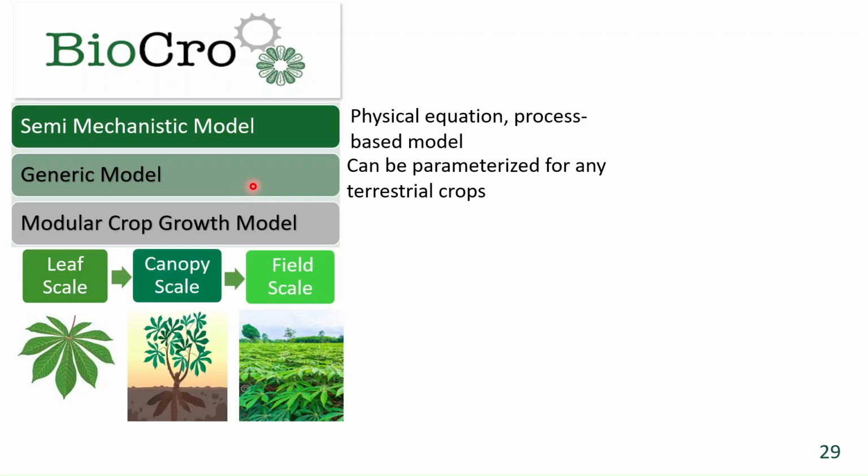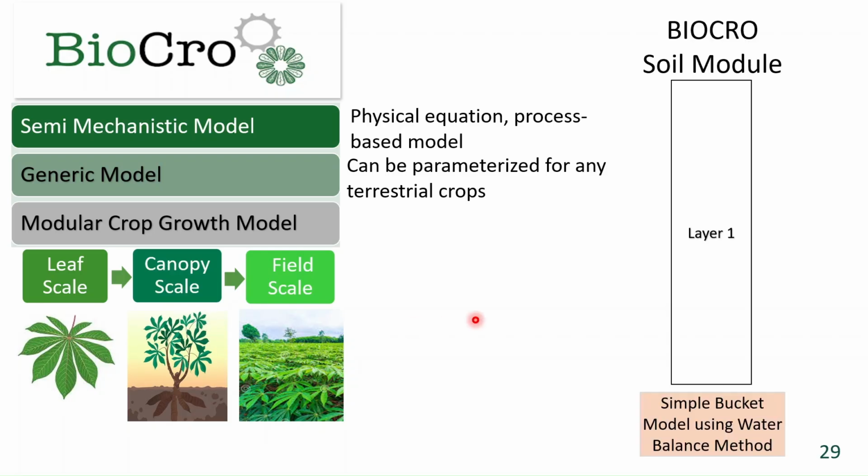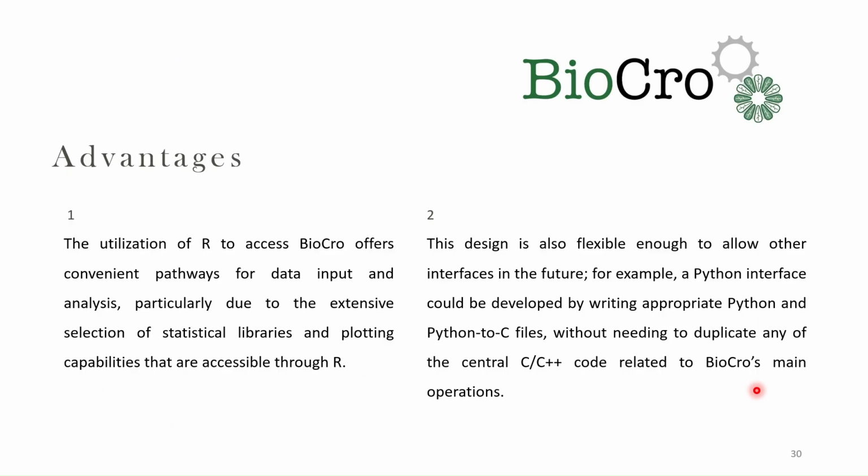Eventually, we can parameterize it for any kind of terrestrial crop, and it can do simulations at the leaf scale that can be scaled to the canopy scale and field scale as well. Now, the BioCro soil module is a very simple module. It makes use of a bucket model with a water balance method to represent the soil water and soil water content.